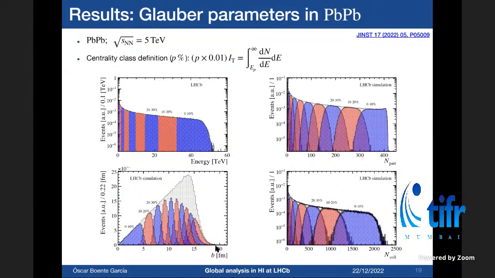So for instance, this b is literally the impact parameter. So the charge particle multiplicity gives you something similar to what you have up here, but you need some kind of model to do this translation, because this has to come from the phenomenology. I don't know if I've been clear enough.